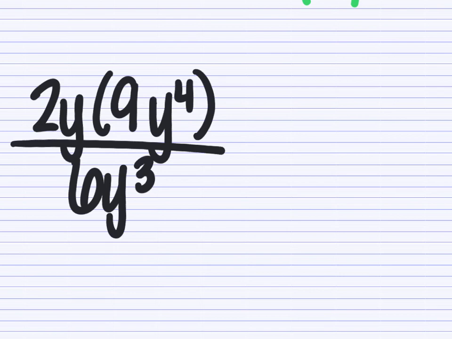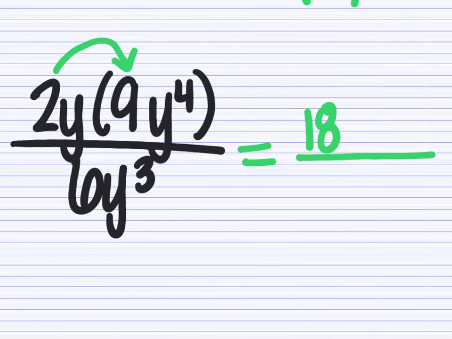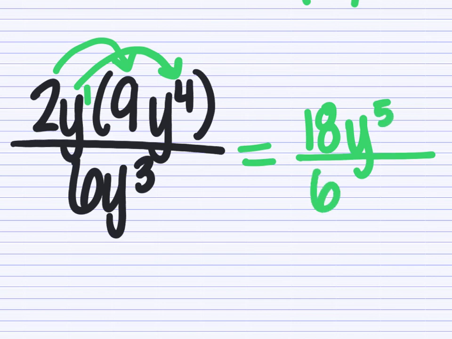Number 8. First up top, you're going to multiply your coefficients, so you get 18. Then we're going to add our exponents. So you get y to the 5th. I'm going to rewrite the 6y to the 3rd.